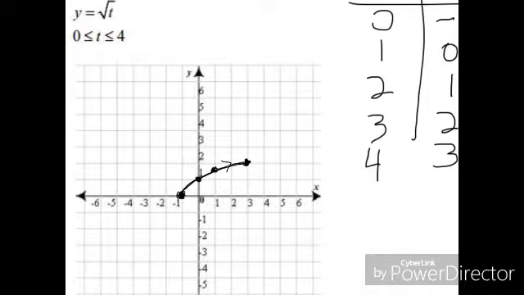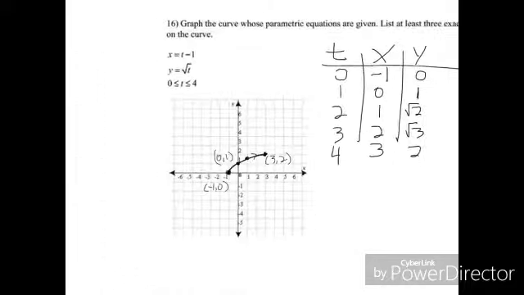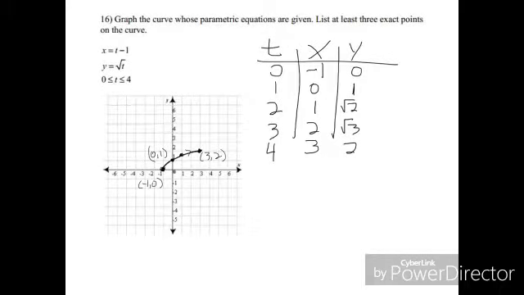We want to label a couple of points. Negative 1 comma 0, 0 comma 1, 3 comma 2. These are the points where the square root worked out nicely. That's very convenient because they only asked us for 3 points and there's only 3 nice points to begin with. So that would be the graph. List at least 3 exact points on the curve. Excellent.